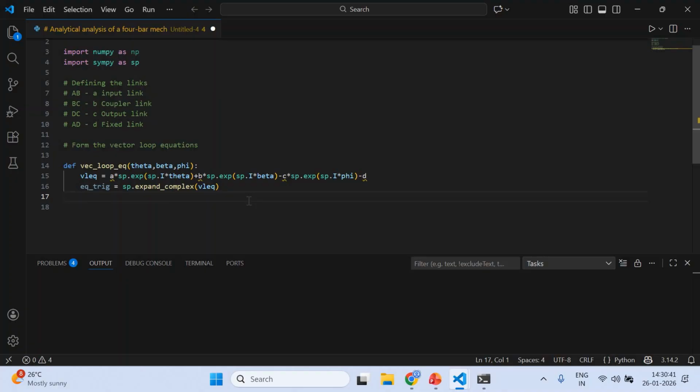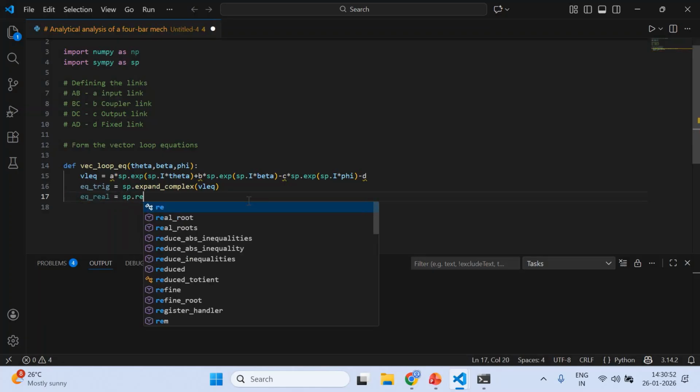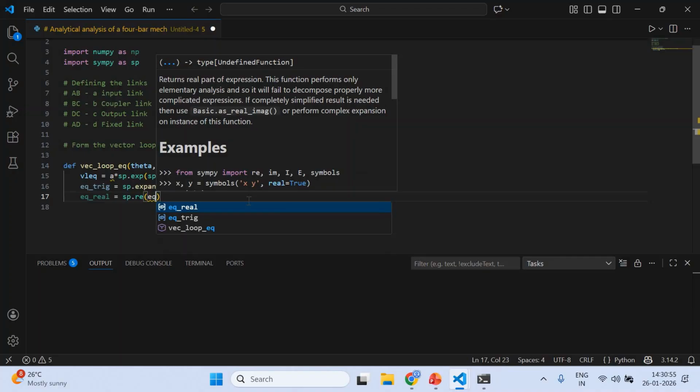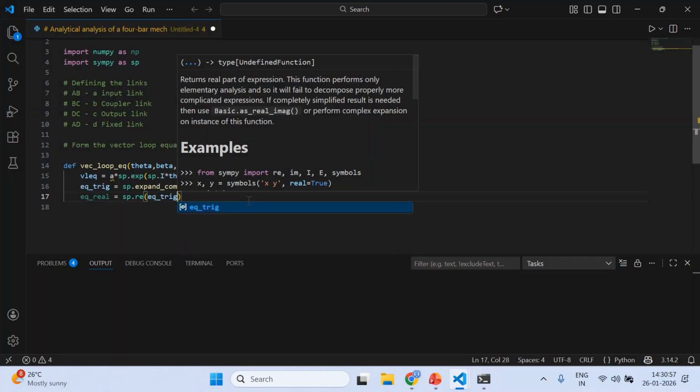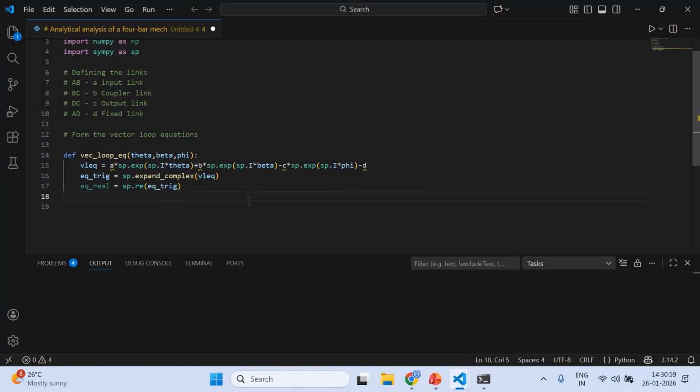Now let us separate out the real and imaginary parts from this trigonometric relation, right? So we will write down eq_real is equal to sp.re, and then we have eq_trig, right?